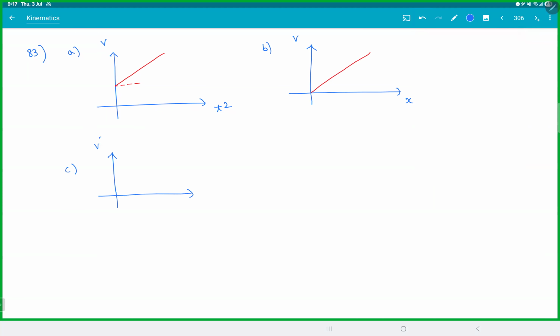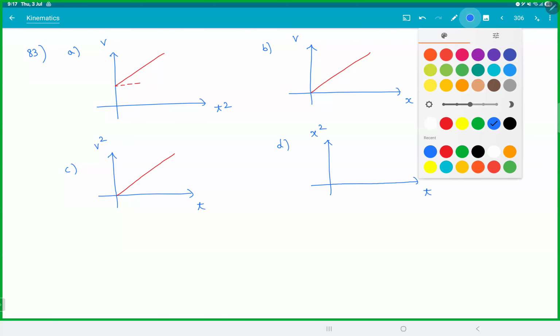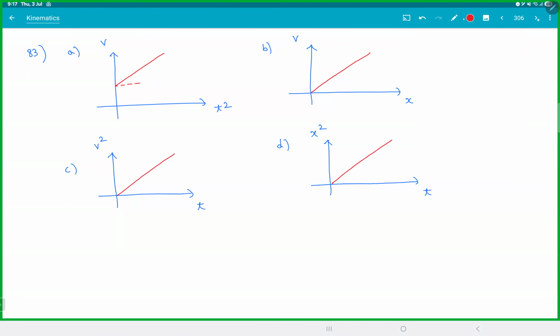Let's say this is a v square t graph. Let's say this is an x square t graph. Let's say this is a v x square graph.